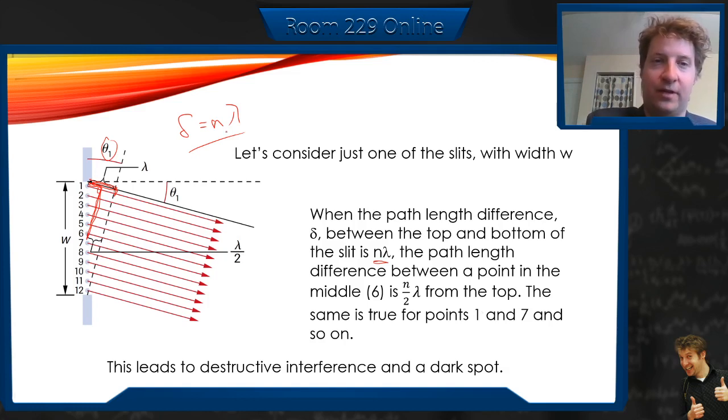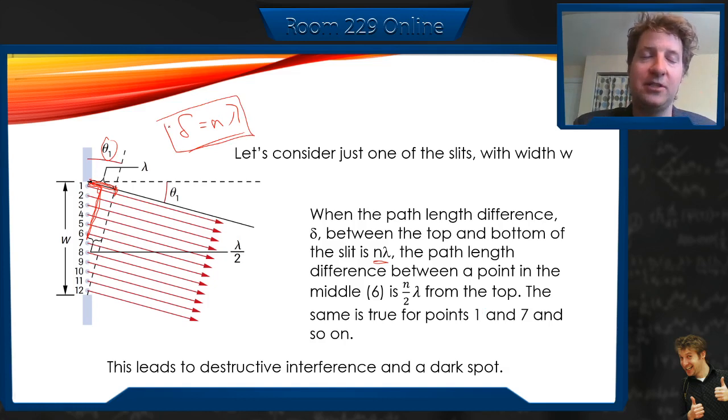So then we have destructive interference for n lambda. In the double slit diffraction, we had constructive interference because the path lengths were in phase at n lambda. Now with single slit interference at n lambda path length difference, we end up with destructive interference because the halfway points are canceling each other out.